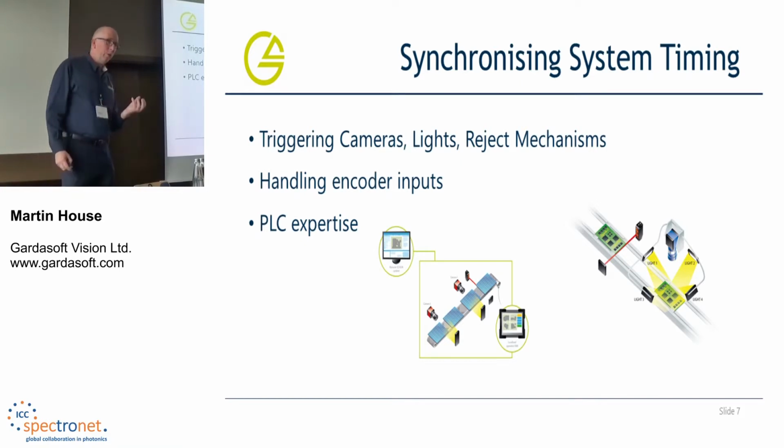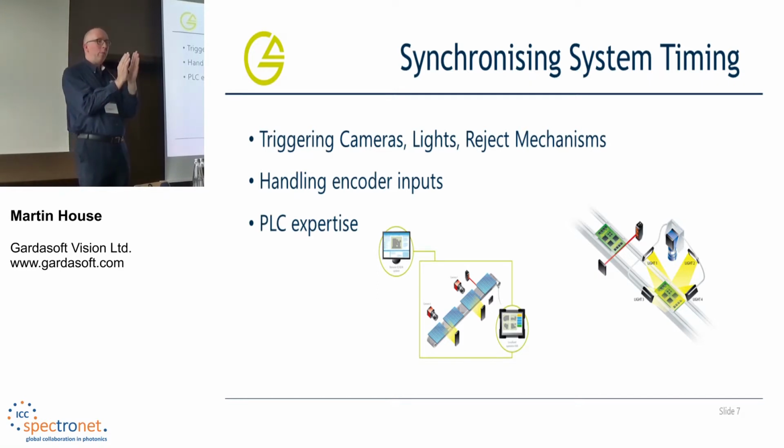So some lighting controllers have the ability to do the synchronization work for you. So typically you could have an encoder input coming into your lighting controller. You could have a part present trigger, and then the controller will make sure that you exactly synchronize your exposure of the camera with the lighting pulse, to make sure that the actual illumination happens precisely within your camera exposure.